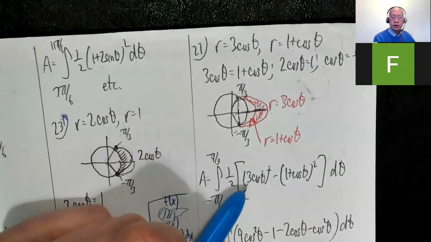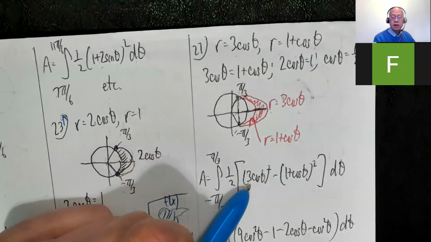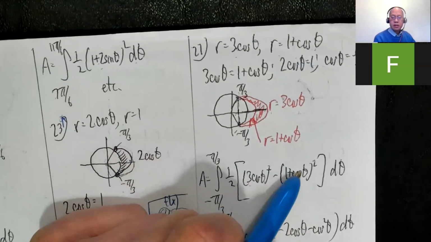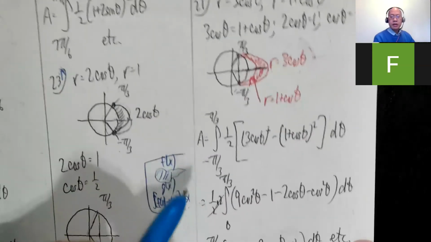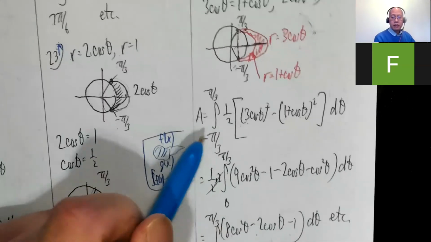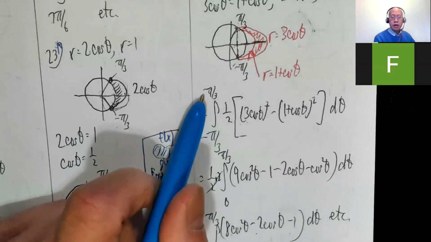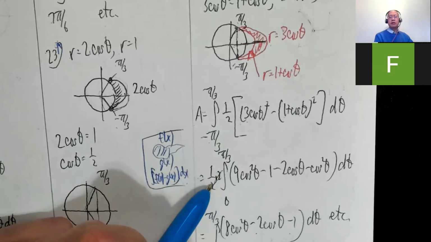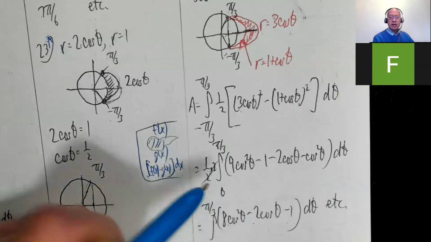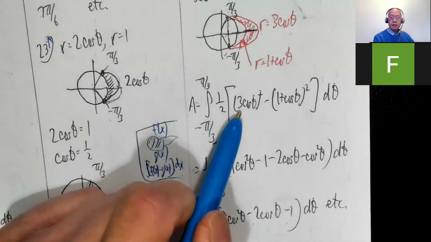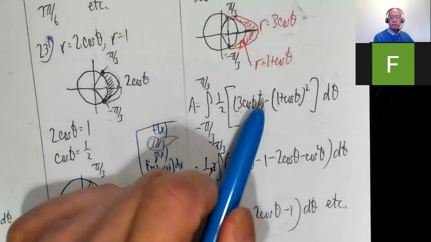So 1/2 big R squared minus 1/2 little r squared. And again, because of symmetry, take the half out. Instead of going from negative π/3 to π/3, I'll go from 0 to π/3 and double it. And that pretty much does it. This gives me 9 cosine squared theta.